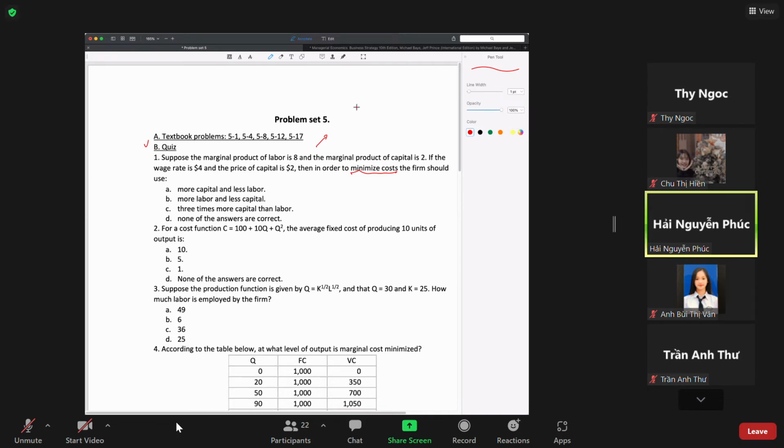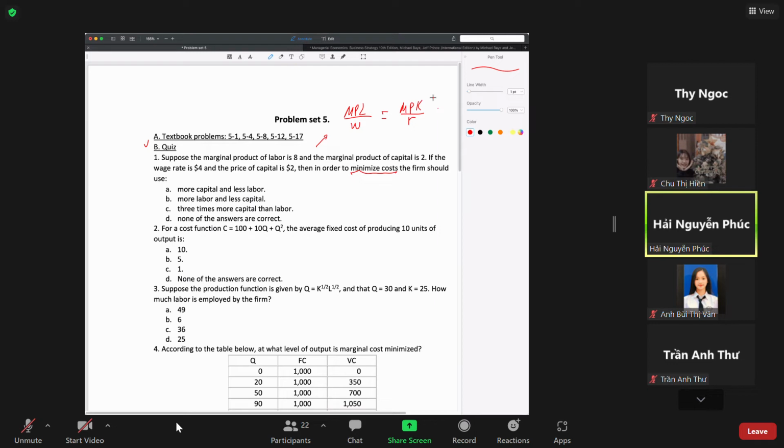In other words, the rule of minimizing the cost is MPL divided by the wage should be equal to MPK divided by R.